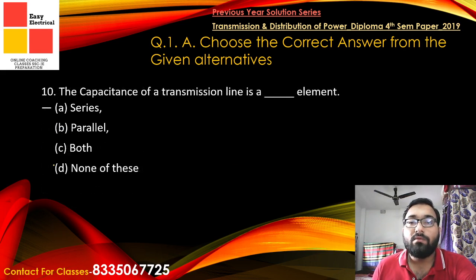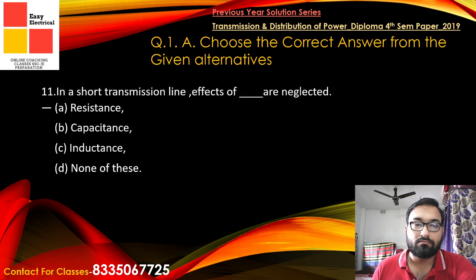Now if you check the next question, the 10th question, it says the capacitance of a transmission line is a dash element. Is it a series element or a parallel element? We generally know that the capacitors are considered to be connected in parallel. So this is a parallel element. Now coming to the next question: in a short transmission line, the effects of dash are neglected.